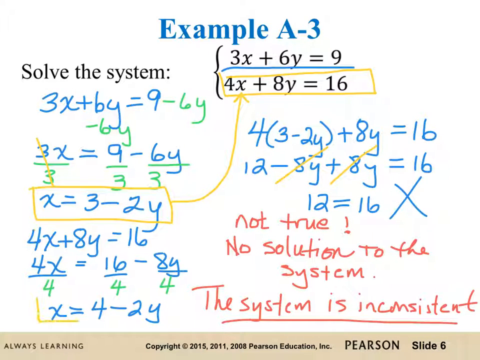And we notice we have a contradiction here because solving one equation for x says that the value of x is 4 minus 2y, but the other one says that x is 3 minus 2y. So there is where our problem comes in. You can't have x being the same as both of those expressions.